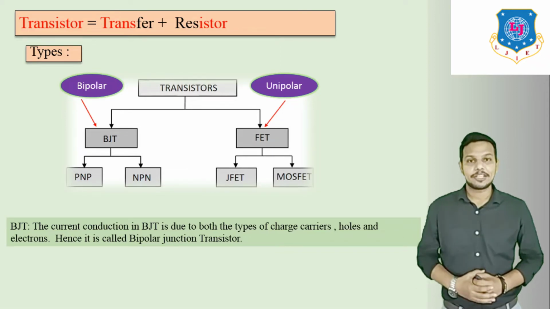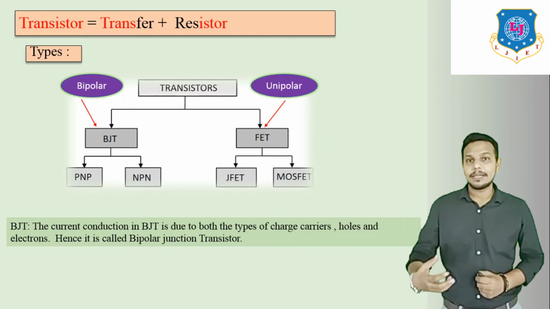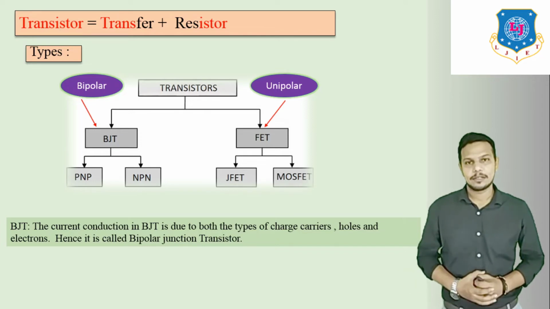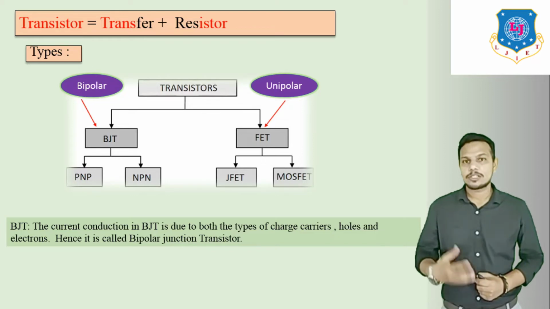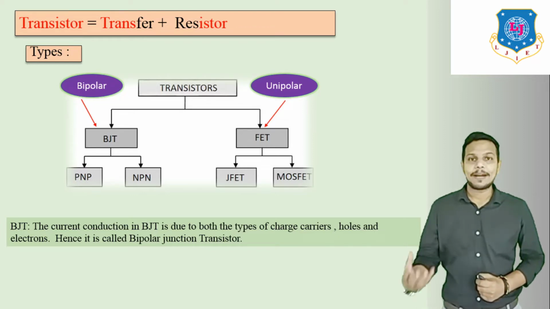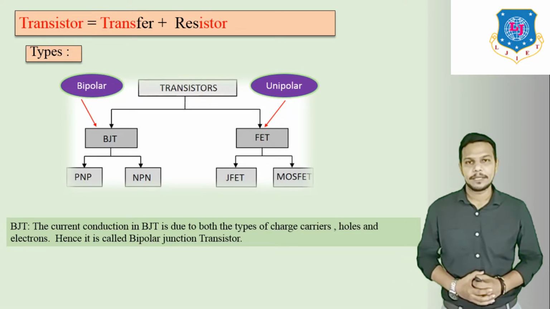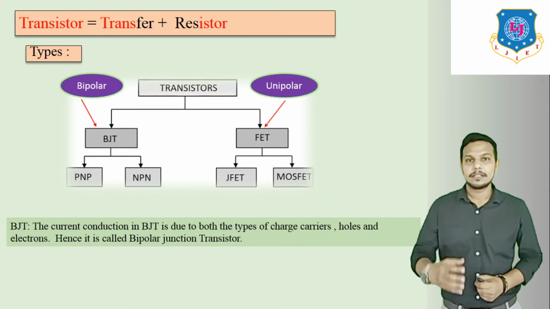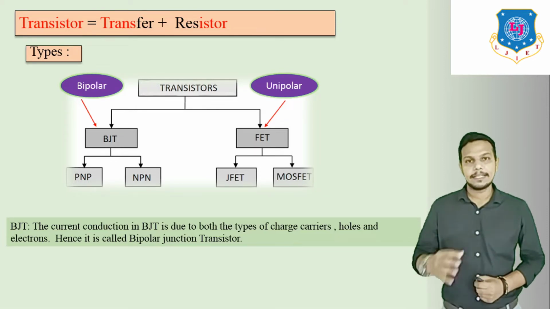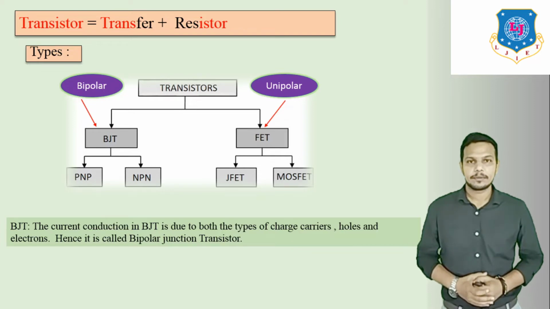Majority carrier charges may be electrons or holes. Similarly, minority carrier charges may be electrons or holes. It depends on its type, like NPN or PNP. So that means we are going to use holes and electrons in this diagram.